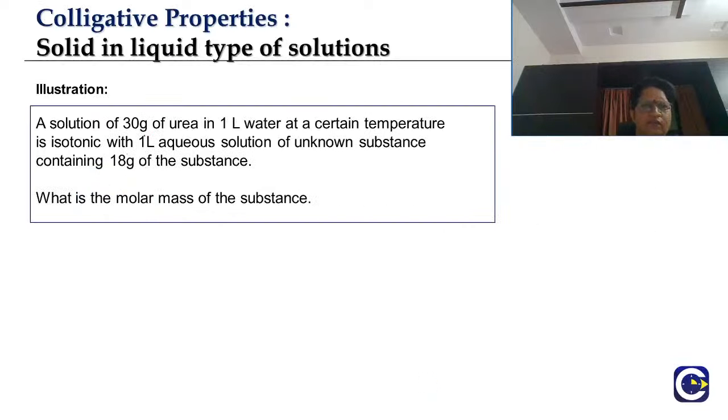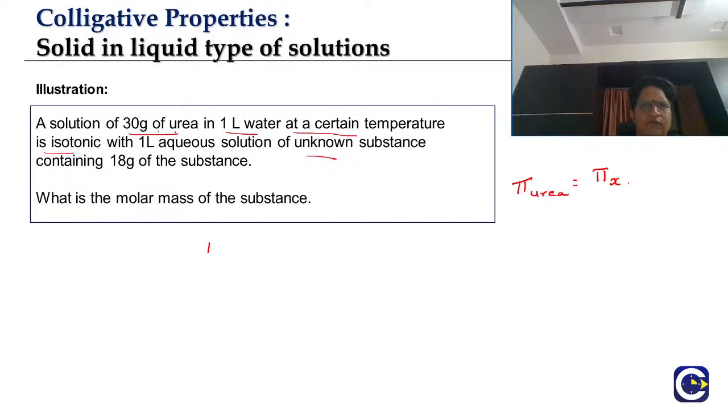A solution of 30 grams of urea in 1 liter at a certain temperature is isotonic with 18 grams of an unknown substance. Isotonic means they have the same osmotic pressure. So osmotic pressure of urea and osmotic pressure of X is same.